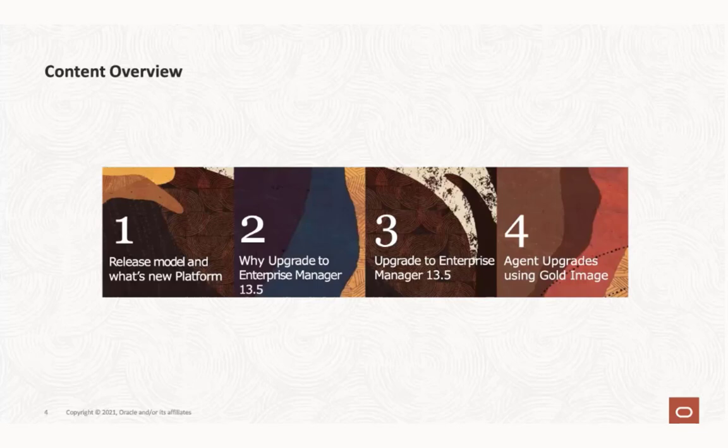And last, we will cover the post-upgrade activities, like what things you should watch out for in order to get a stable and performant environment, and also how you can upgrade your agents once you're done with your EM upgrade or the OMS upgrade. So this is the overview of what we'll be covering in today's session.